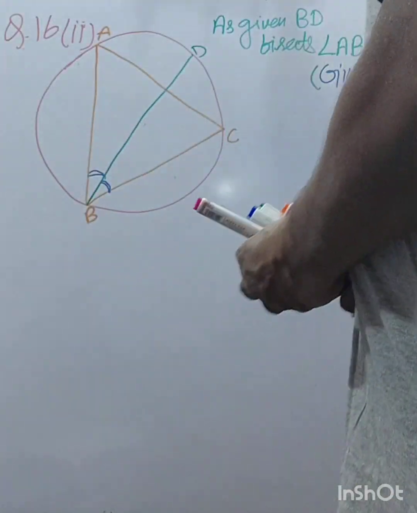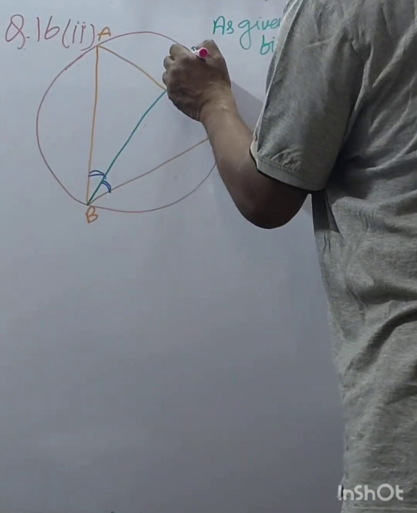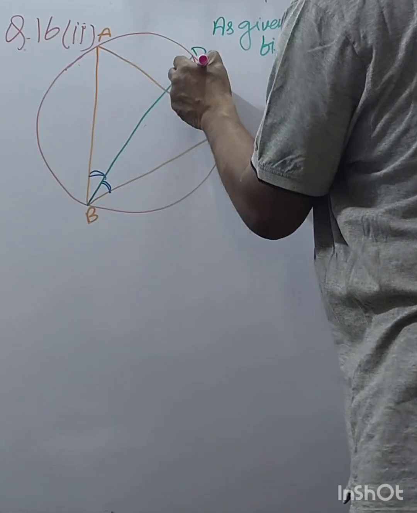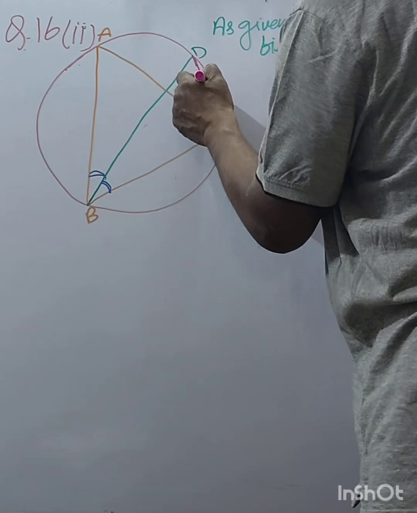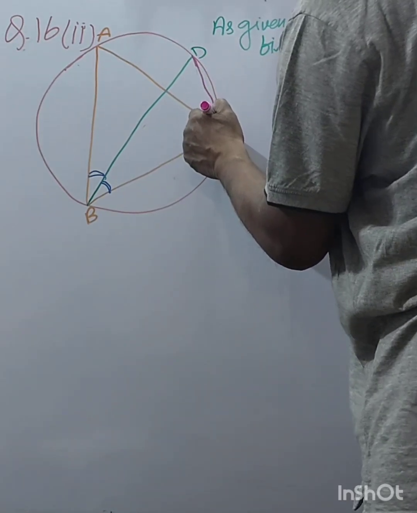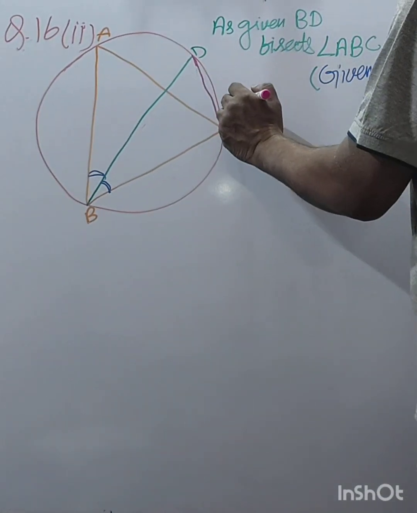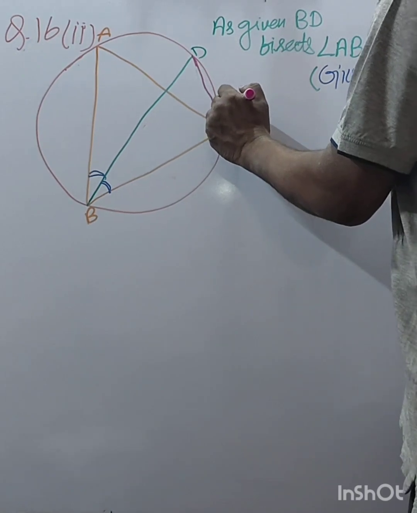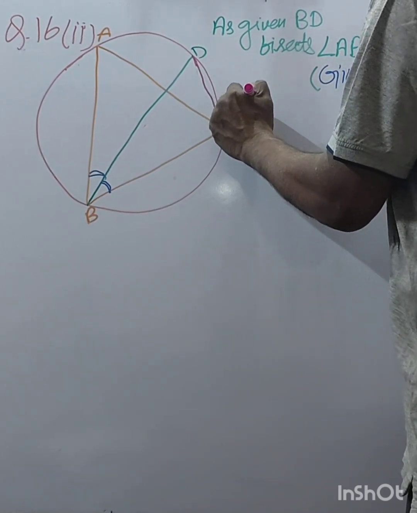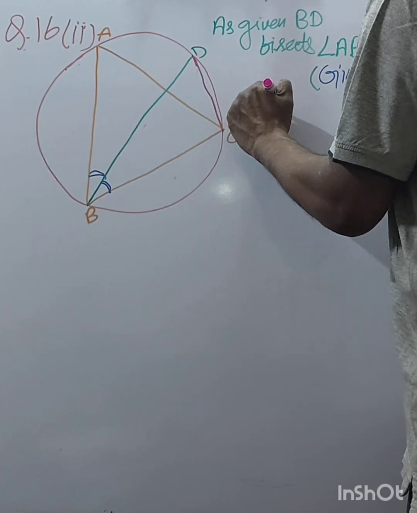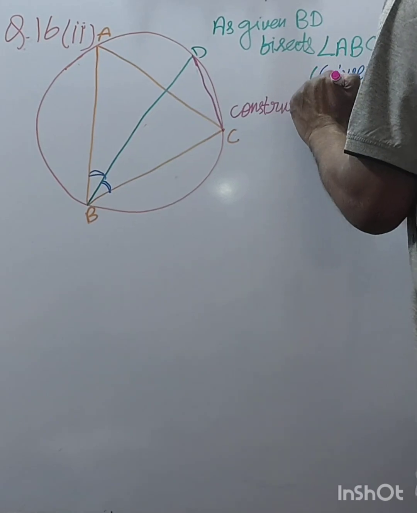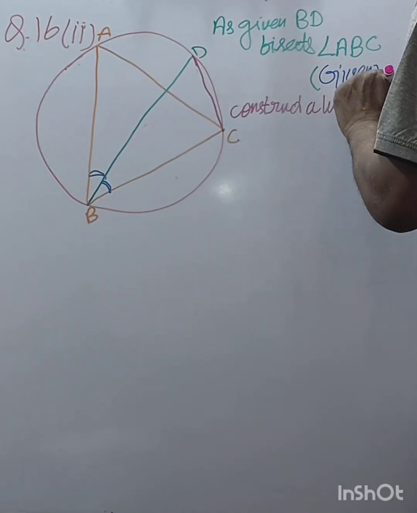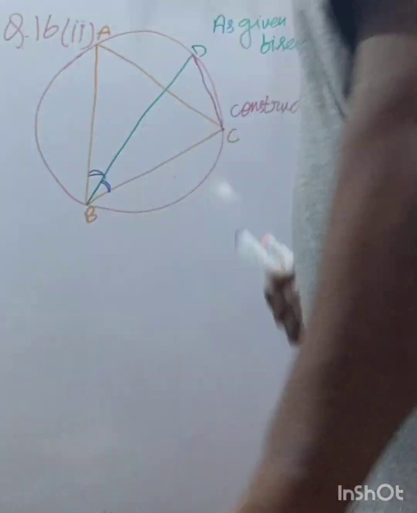Now if you draw a line from here, construct a line CD, right? Construct a line CD.